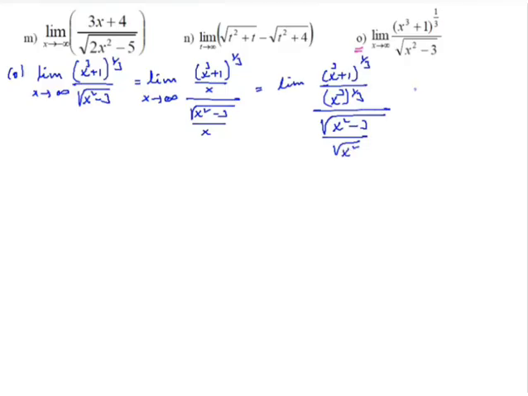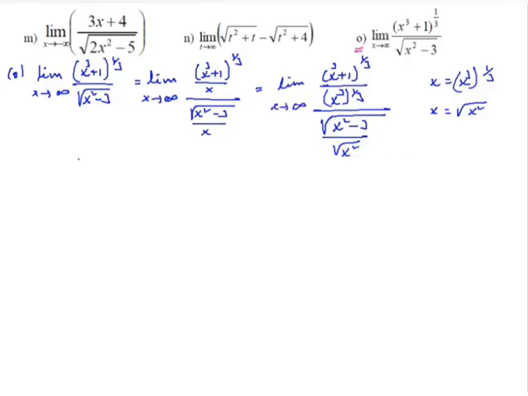I used x equals the square root of x squared for positive x, because x is approaching positive infinity.